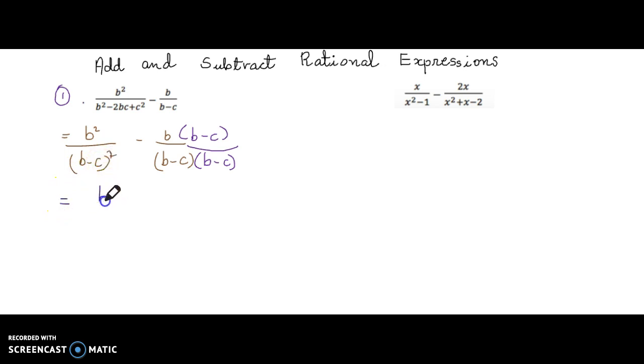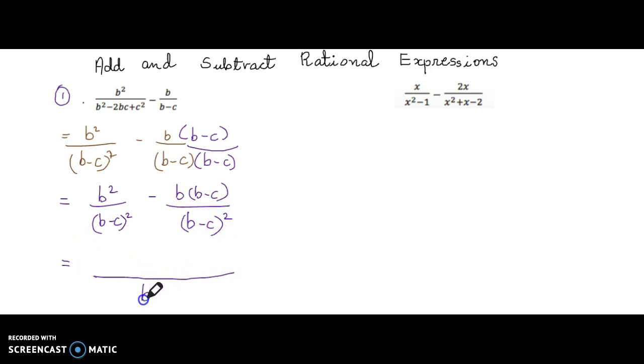So the first fraction stays b squared over b minus c the whole square, and the second becomes b times b minus c over b minus c the whole square. Since the denominators are the same, we can write the entire numerator together under one denominator. We have b squared, and since we have parentheses, we have to distribute.